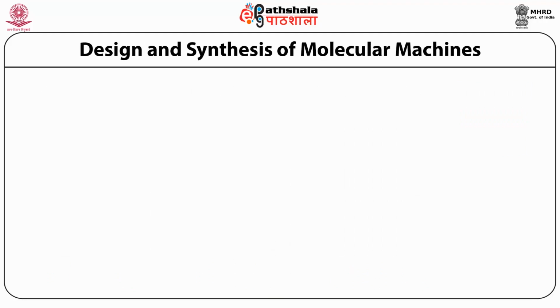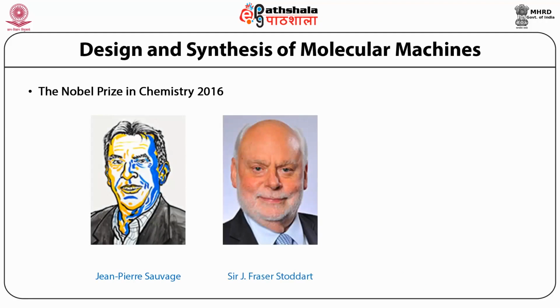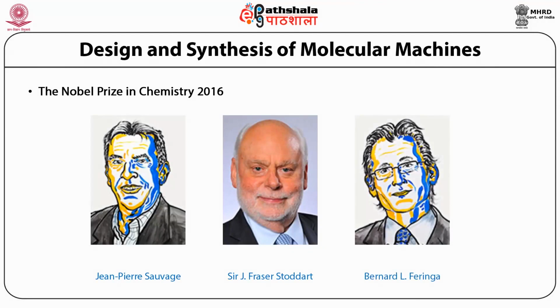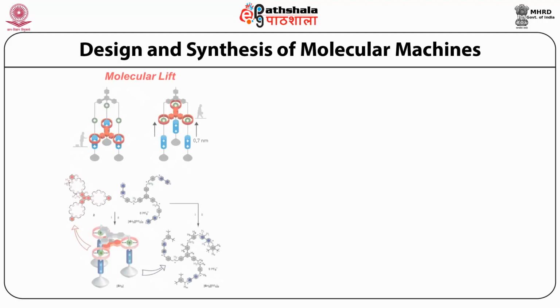In recent time, in 2016, the Nobel Prize was awarded to Jean-Pierre Sauvage, Fraser Stoddart, and Ben Feringa for their contribution in the field of design and synthesis of molecular machines. They designed something called a molecular lift, where they employed the interactions between host and guest complex, which can alter their conformation on external stimuli.